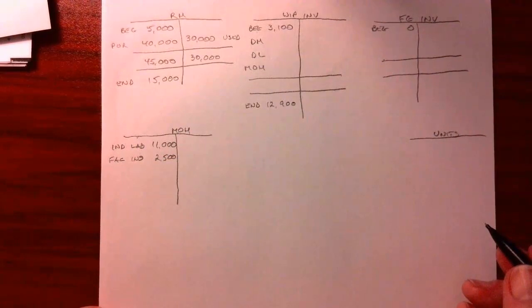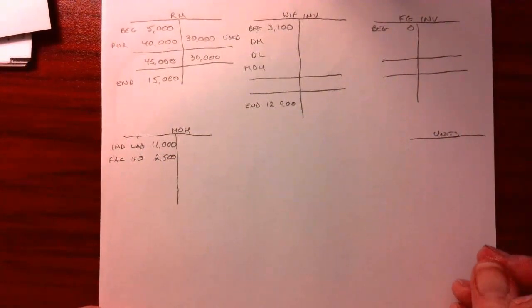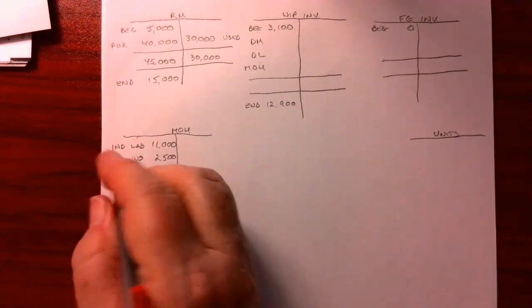And then they tell us that utilities are $8,000 total, and 80% relate to production. So that would be 8,000 times 80%, or 6,400.